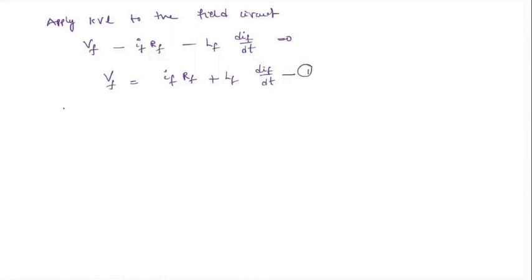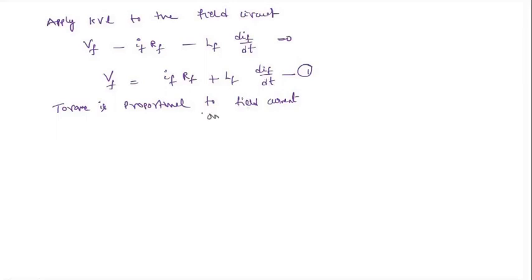And the second equation: it's a separately excited DC motor only. Therefore, torque is proportional to the field current. That is one way.